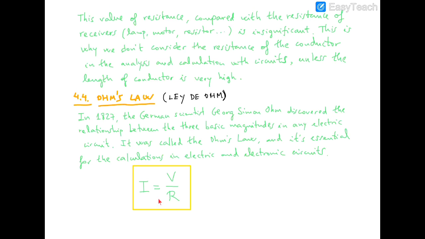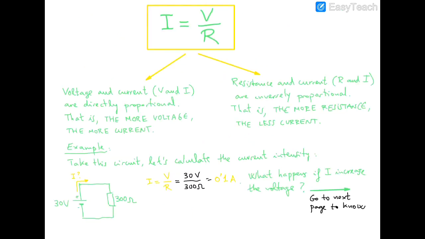This is the formula for the Ohm's law, which tells us that voltage and current are directly proportional. So the more voltage in a circuit, the more current intensity. Whereas resistance and current are inversely proportional. That is, the more resistance in a circuit, the less current intensity.